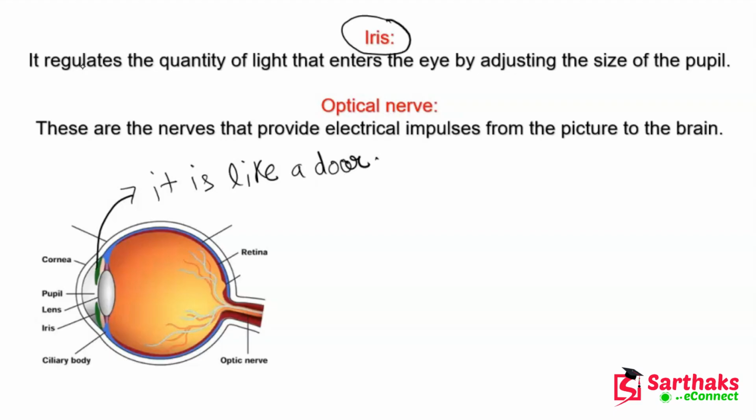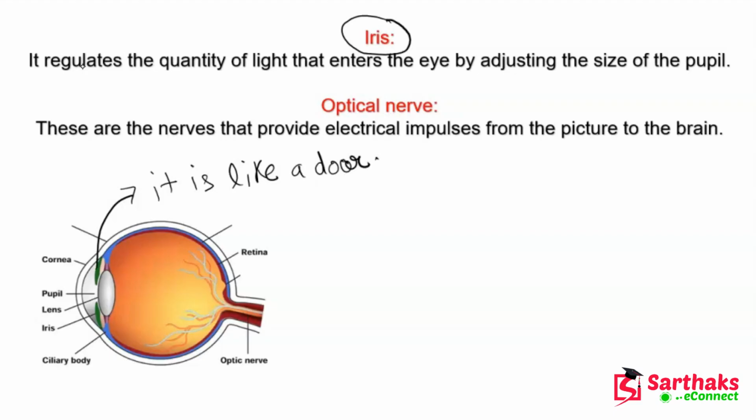You might have heard that to confirm whether a person has died or not, we throw the focus of a torch on the eye. We basically focus the light of the torch into the eyes of that person. If the iris is opening, if there is movement in the iris, then we say that his brain is still active and he is alive.